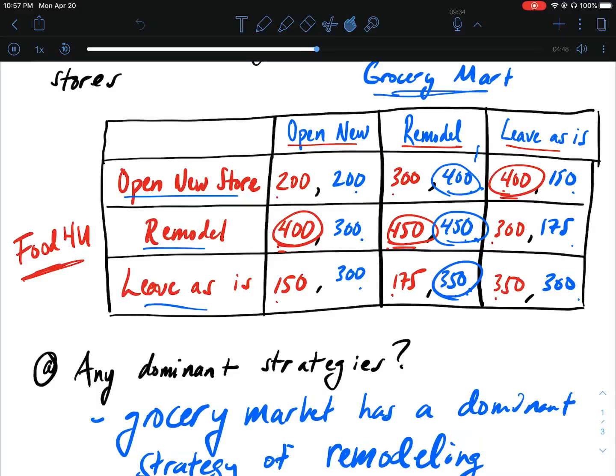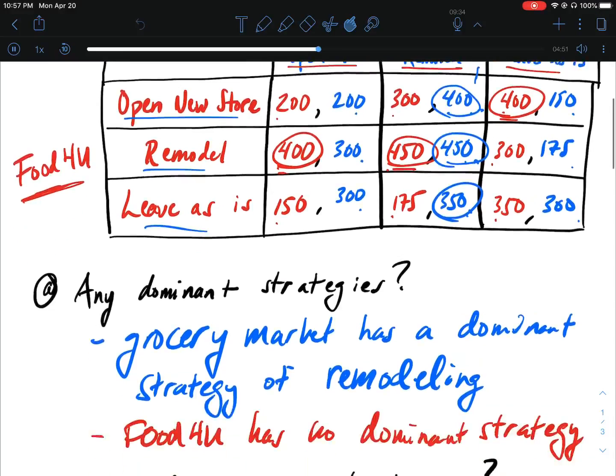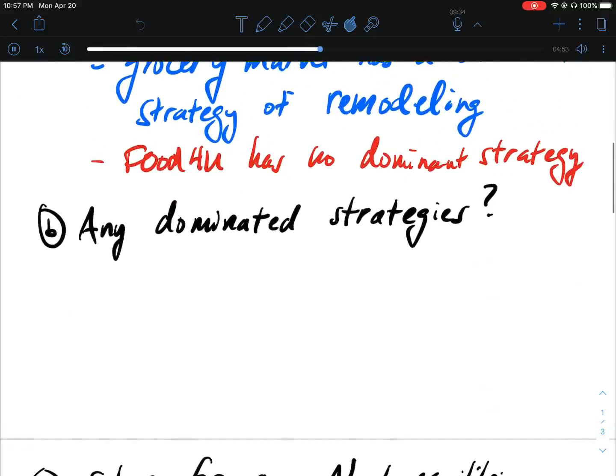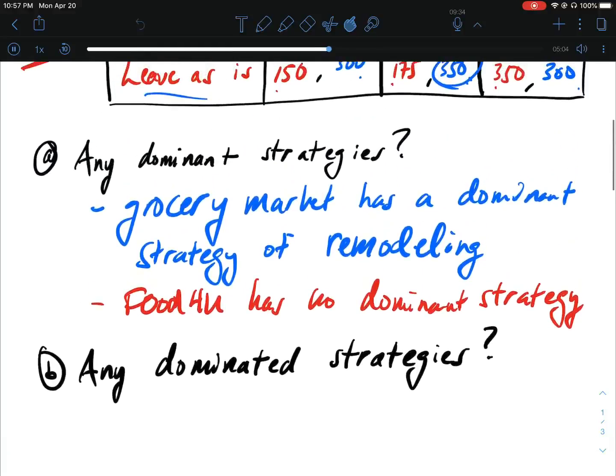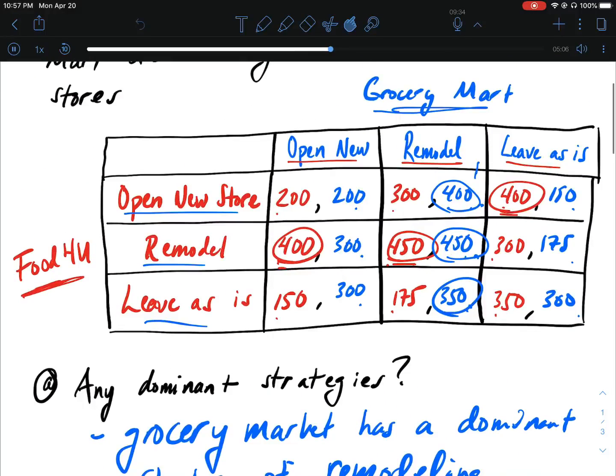So the second part of this question asks if there are any dominated strategies. That is, strategies that the firms never choose. So we know that Grocery Mart always chooses to remodel, which means that they never choose to open a new store and they never choose to leave as is.